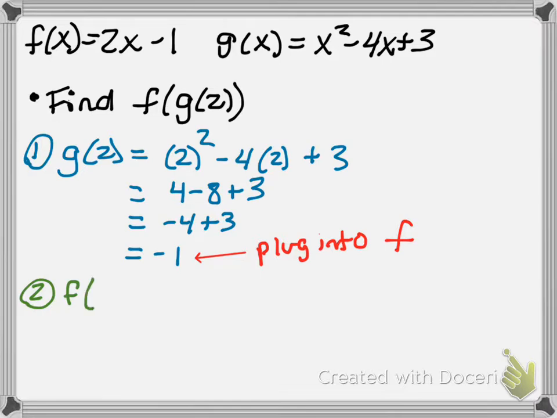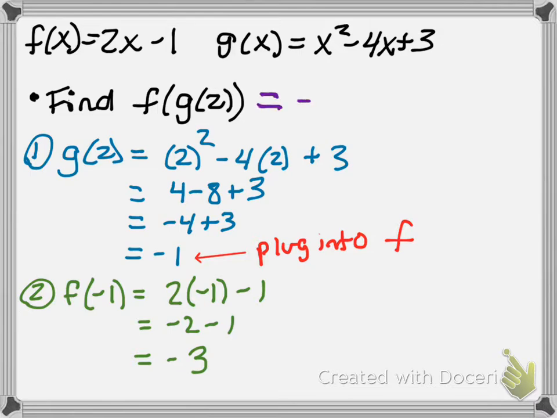So f of negative 1 is 2 times negative 1 minus 1, which is negative 2 minus 1, which is negative 3. So after we do all this, we first found g of 2, because that's what's in the farthest inside. Then we found f of negative 1, because g of 2 equaled negative 1, and f of negative 1 equaled negative 3. So f of g of 2 equals negative 3.